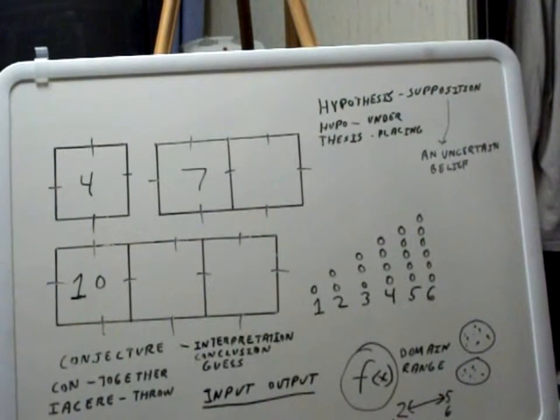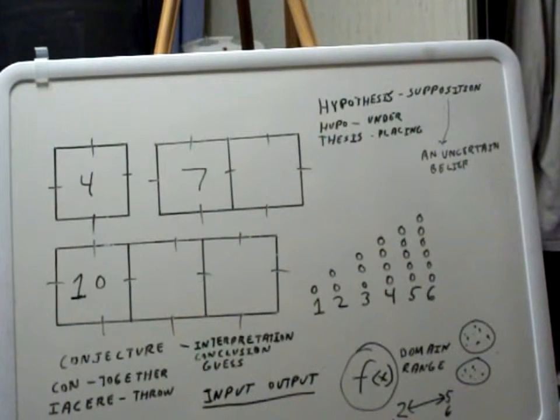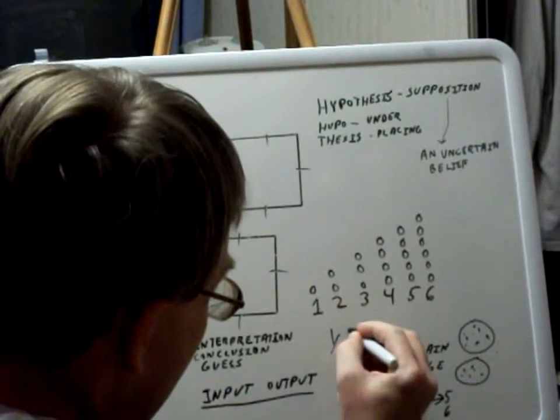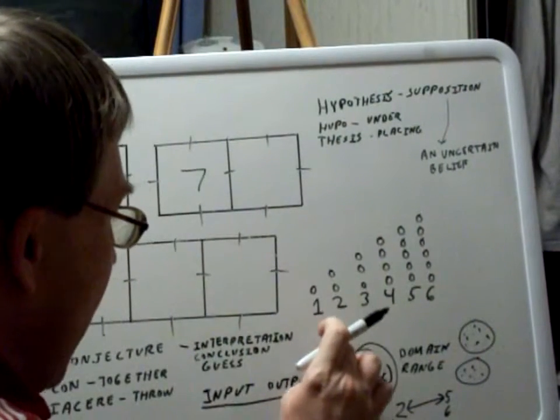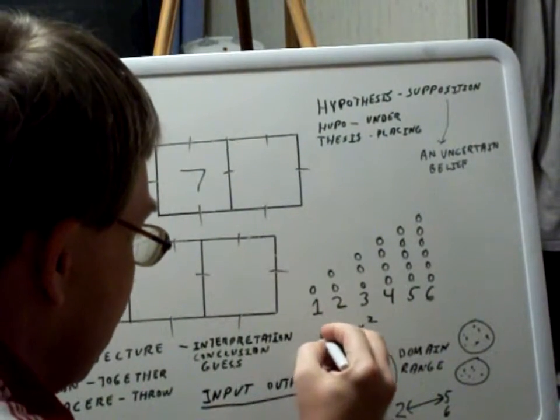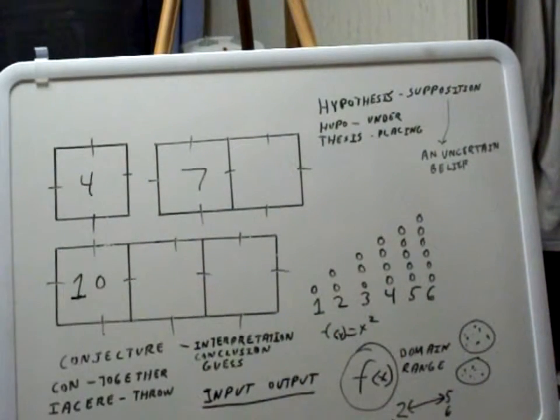And the term function in mathematics is represented by the f of x. Okay. So sometimes you'll see like y equals x squared. Well, in this case, you'd replace the y with an f of x.